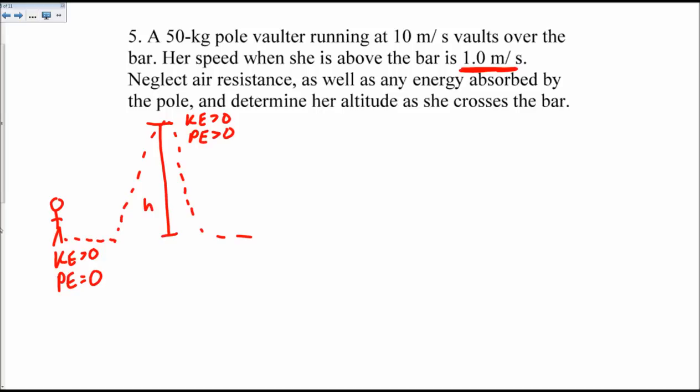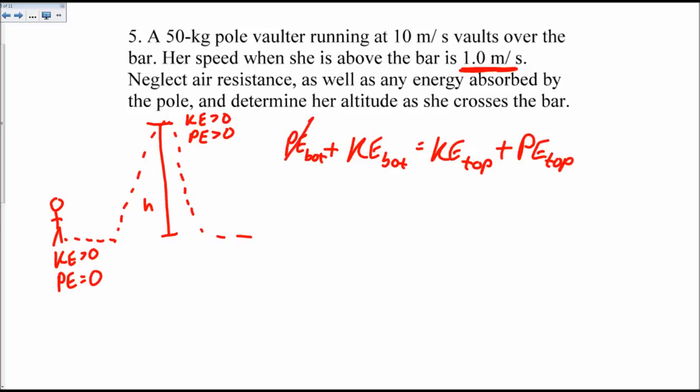All right. So I want to determine what this distance h is. I take the energy at the bottom, which is just the kinetic energy, and I set that equal to the kinetic energy at the top plus the potential energy at the top. Now remember, I still have the potential energy at the bottom term, but it's equal to 0, as I said right here. So that's why I didn't write it.